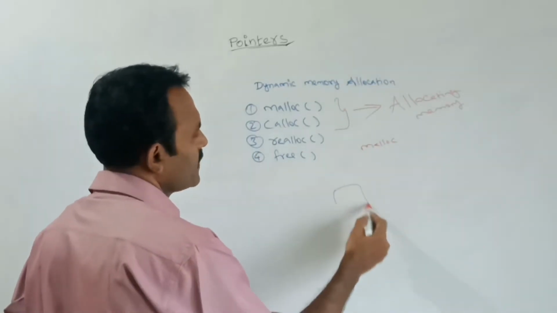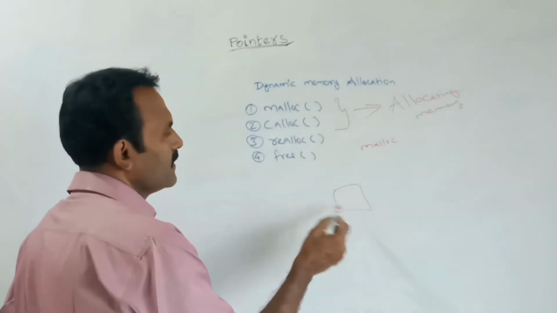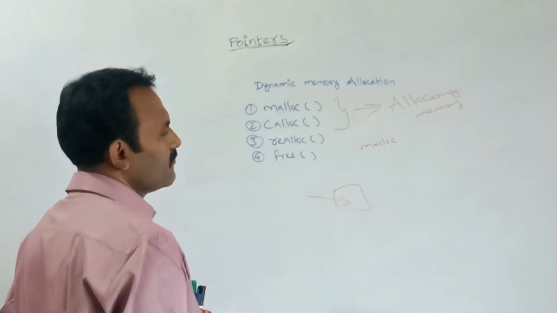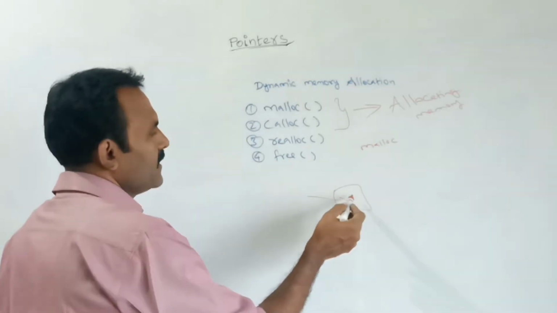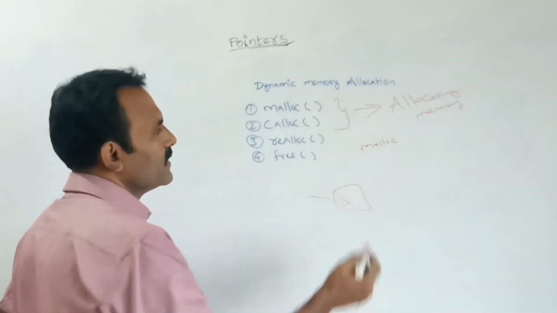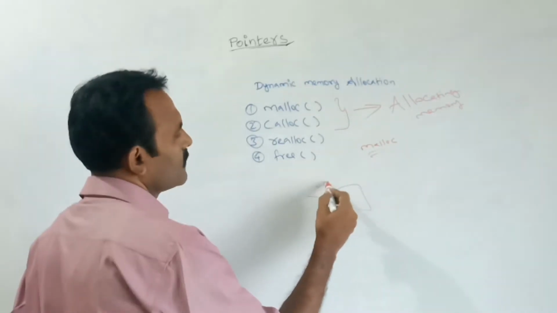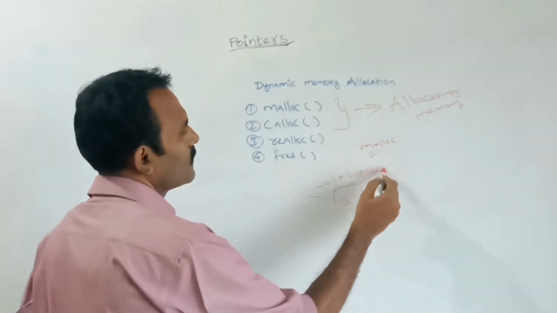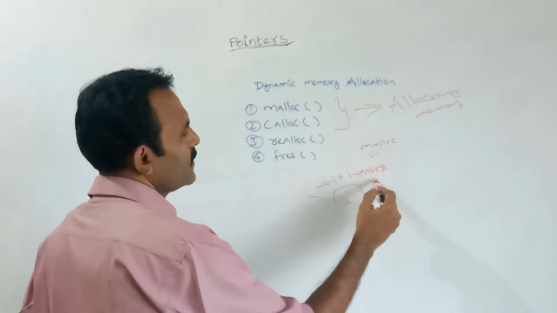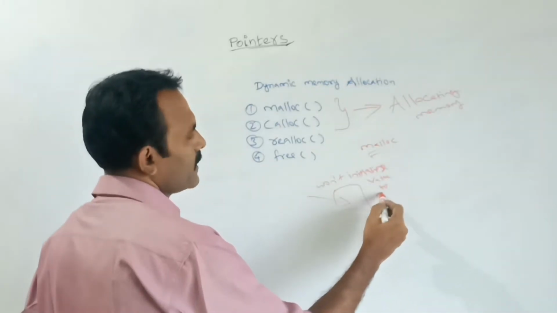After allocating each and every memory location, Malloc won't initialize the value to memory.